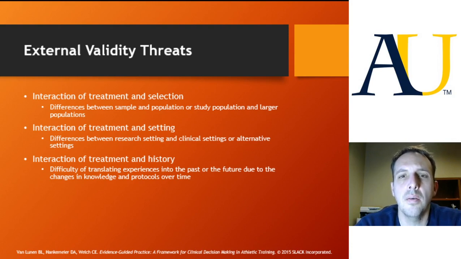So basically with this, there are three things that you have to avoid going beyond the results of the study in your interpretation. The first and foremost, and often most inappropriate, is trying to generalize from a narrow population or a narrow sample within a research study to a larger or different population.